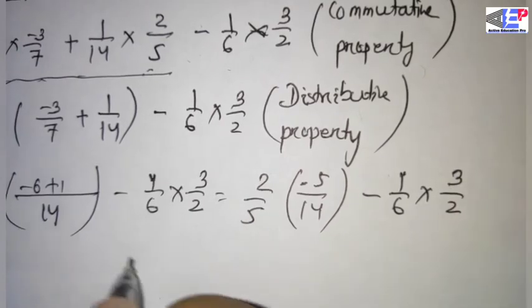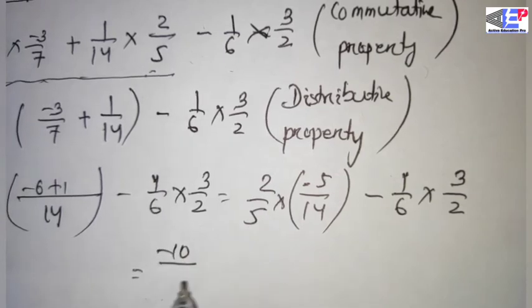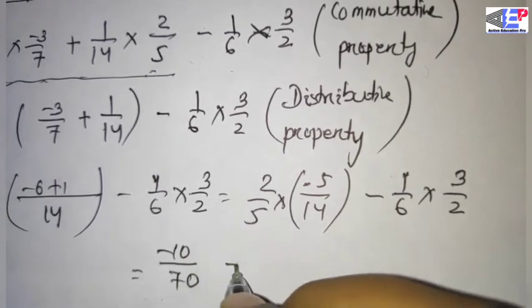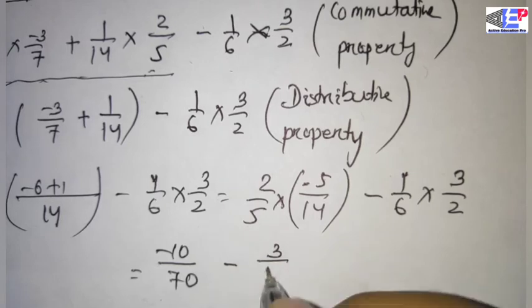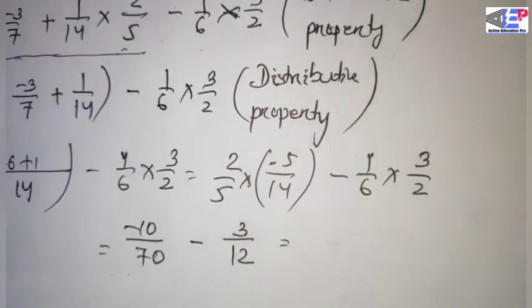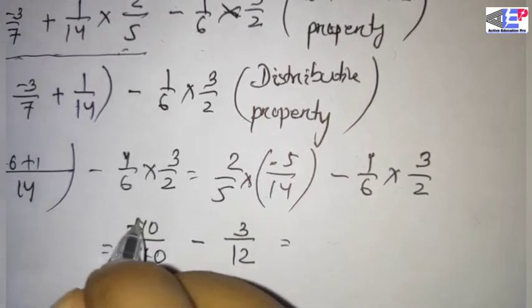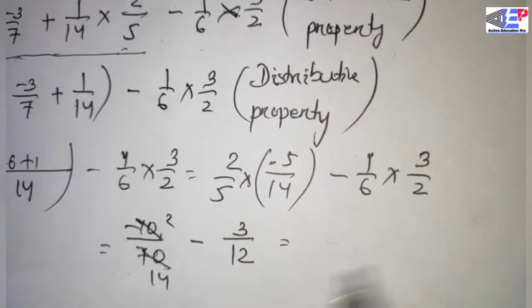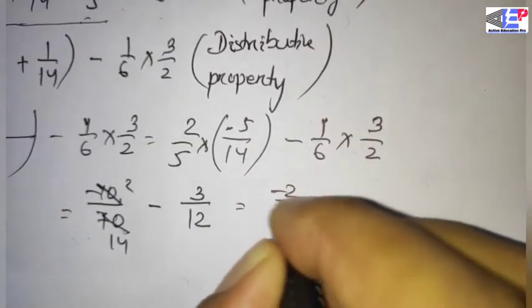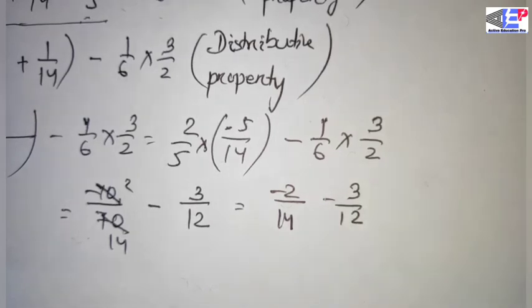Solve it: minus 10 by 70 minus 3 by 12. If you cancel by 5, the first term is minus 2 by 14, so minus 2 by 14 minus 3 by 12.